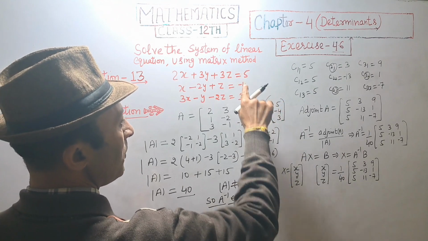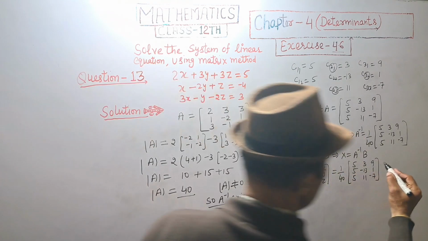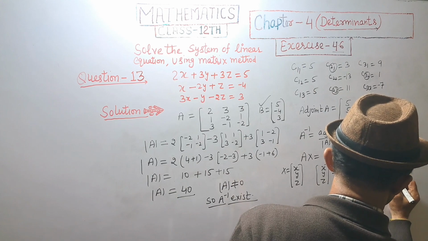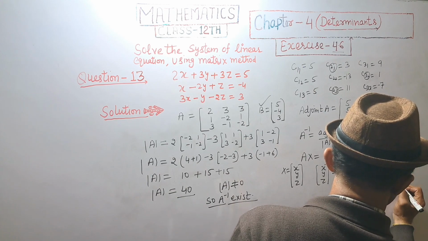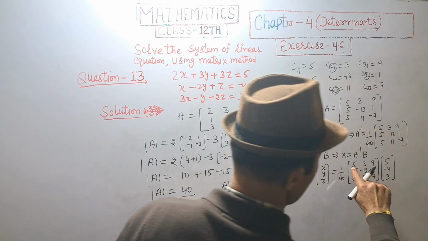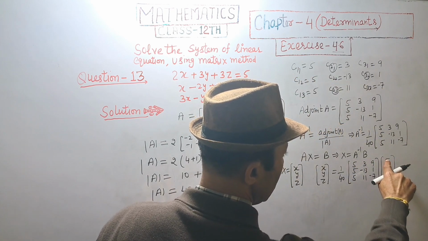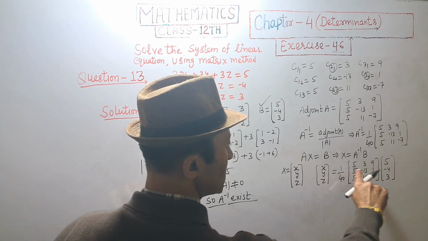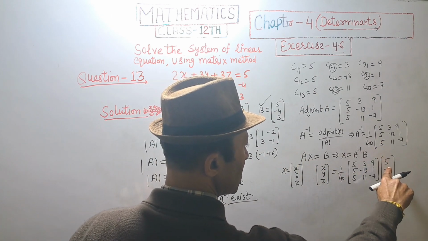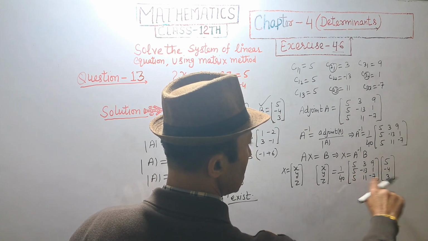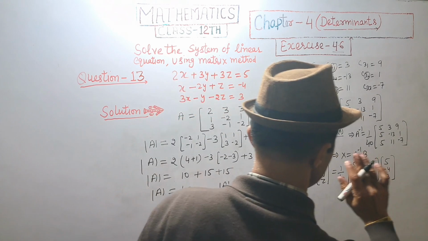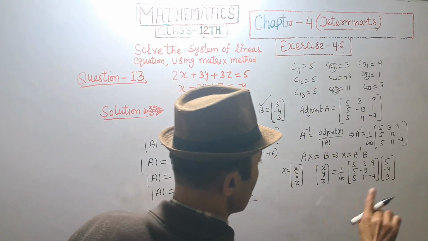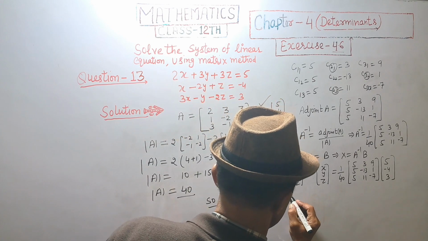The first row multiplying 5, minus 4, 3 gives the value of x, the second row multiplying gives y, and similarly the third row gives z.